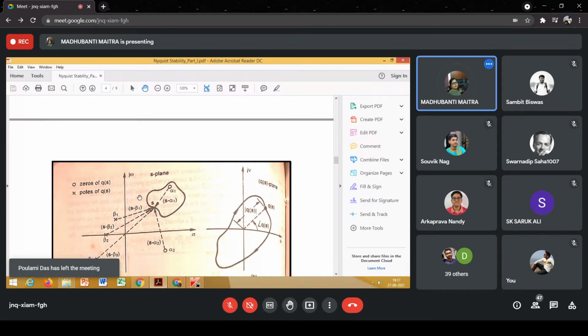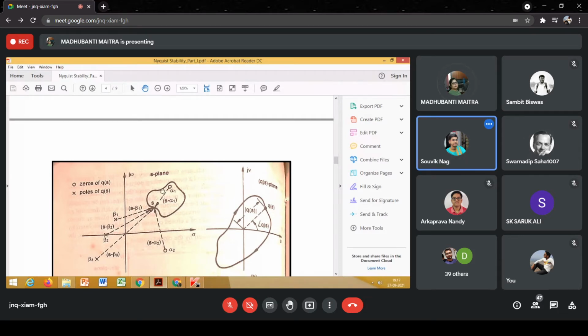Clear? Is it clear? Now we are left with the phasor where alpha 1 is enclosed by this contour.